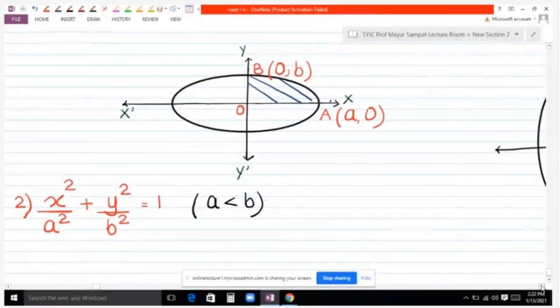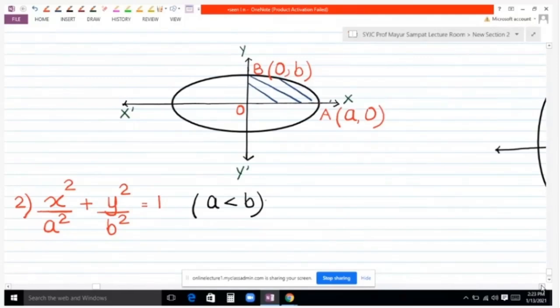When we talk about this term, x-intercept, what is the meaning of the term? X-intercept means the point where the ellipse intersects the X axis.